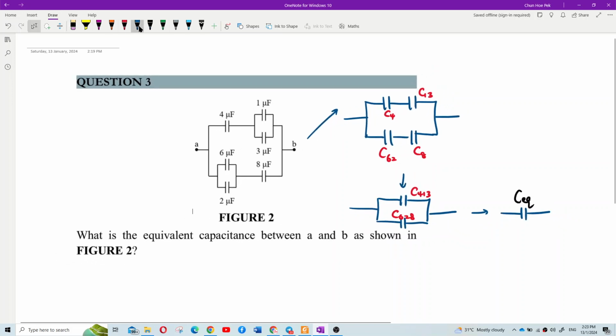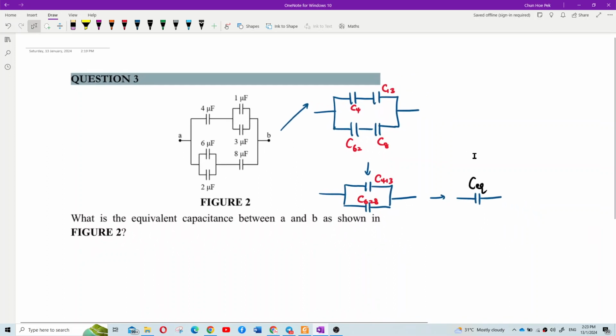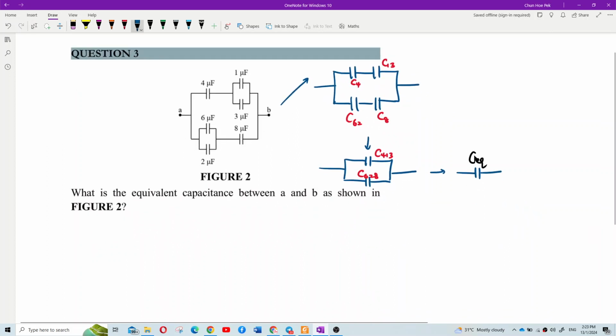So first we find C13, 1 and 3. So how to do that? Sorry, this one is CAB. The C equivalent is CAB across the whole thing.